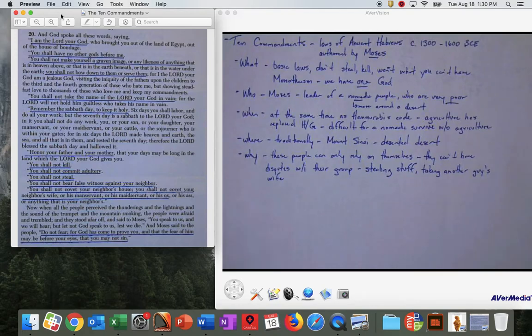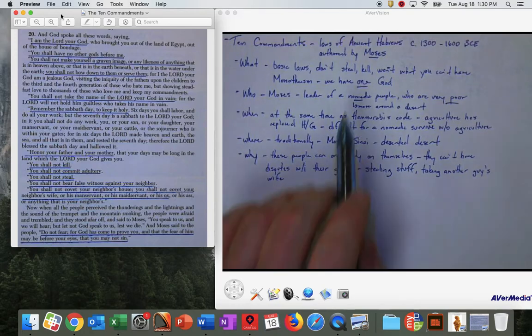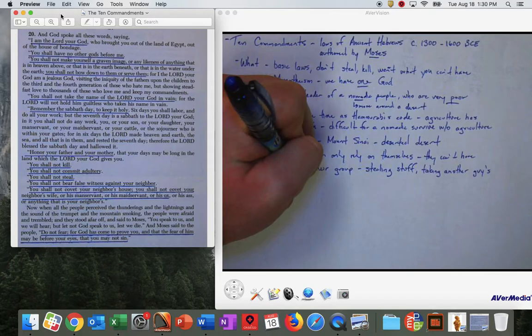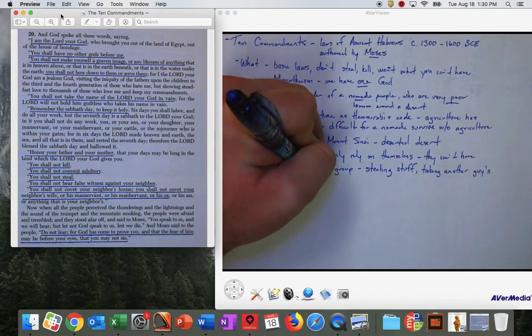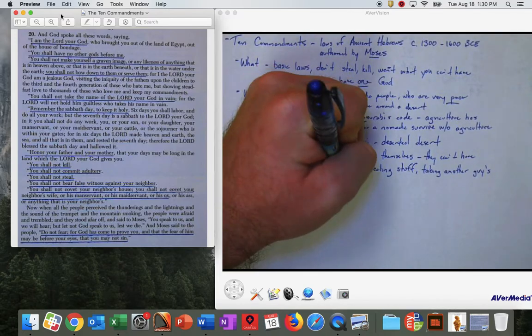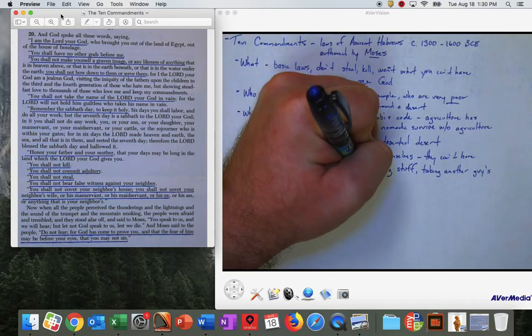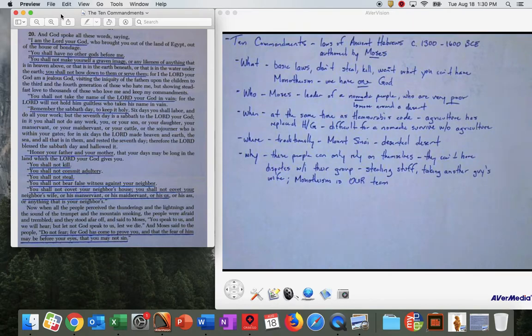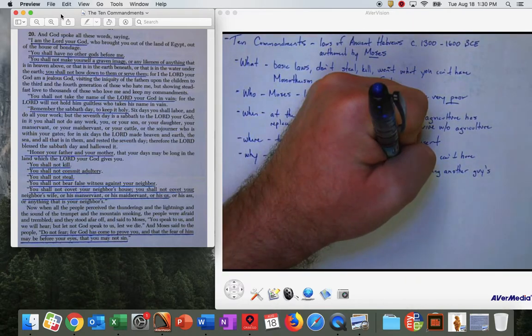Now, that applies to the basic laws stuff, right? The don't steal, don't kill, don't want what you can't have. But it also applies to the monotheism. Monotheism is our team, the team of these people. It's what unites us.